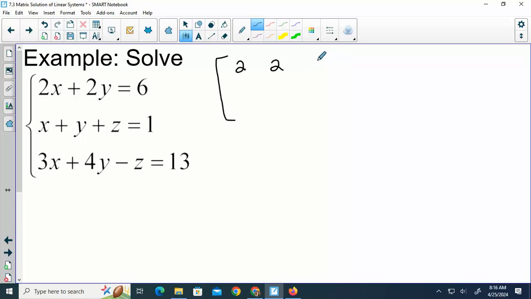There is no z, so we put a 0. 6, 1, 1, 1, 1, 3, 4, 1, 3.